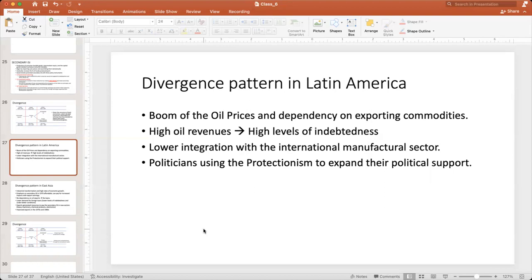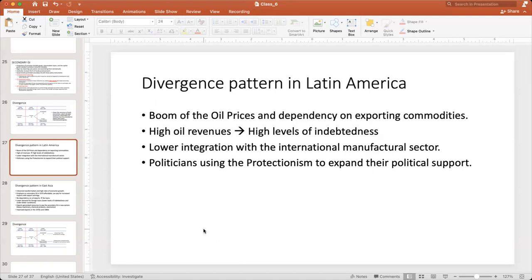And given that they had the money and debt in foreign currency to invest more and more in the domestic industry, they didn't want to open their industry to the international market. That's why they had lower levels of integration with the international manufacturing sector by 1960.